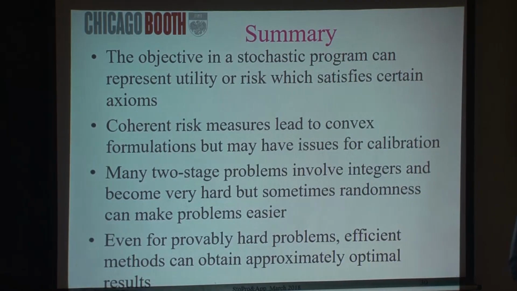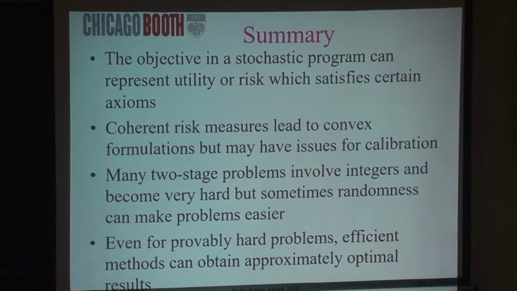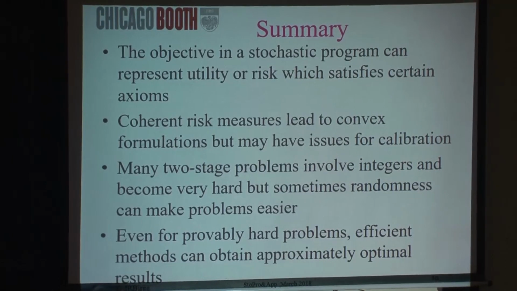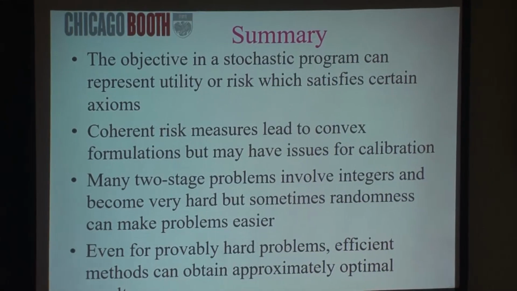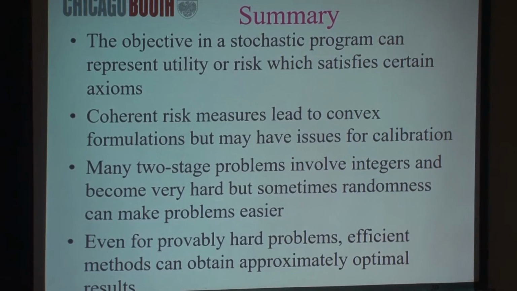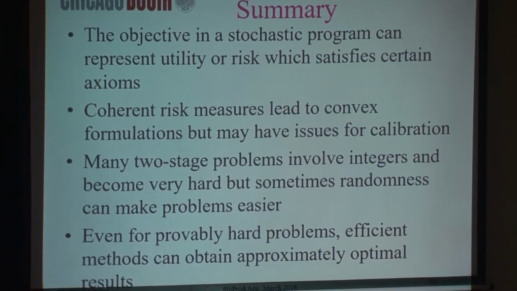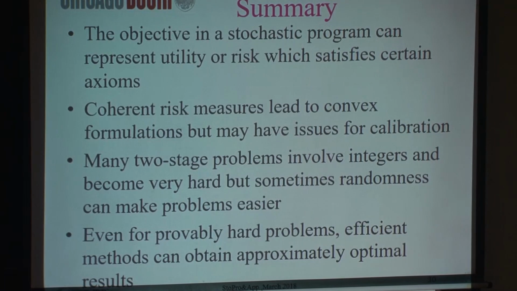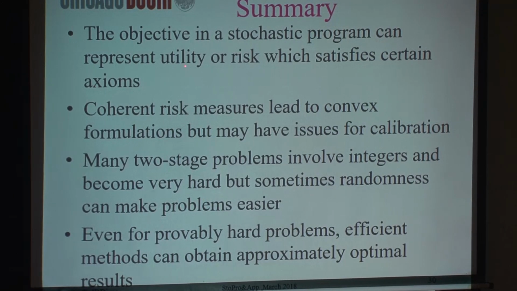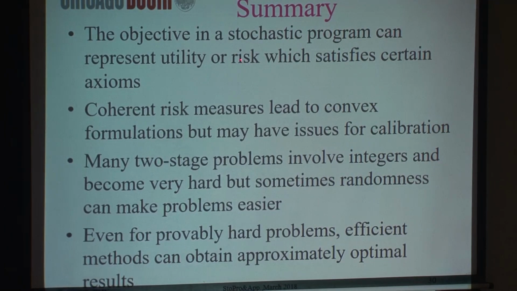So let me summarize the things I talked about here. I went through the objective in the stochastic program, and I said that we have some kind of utility or risk.